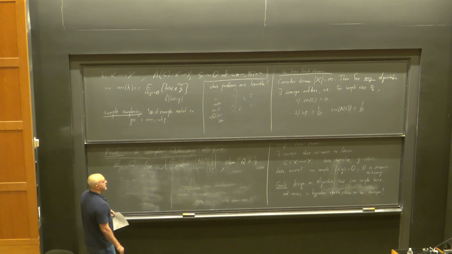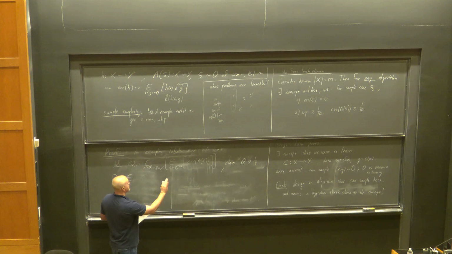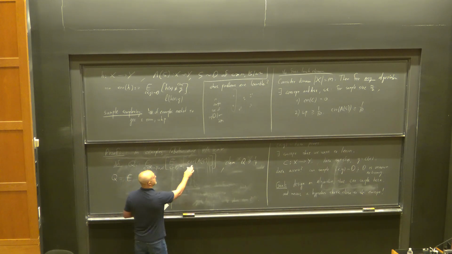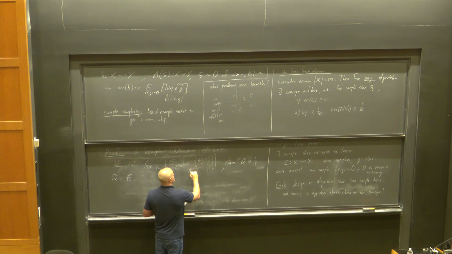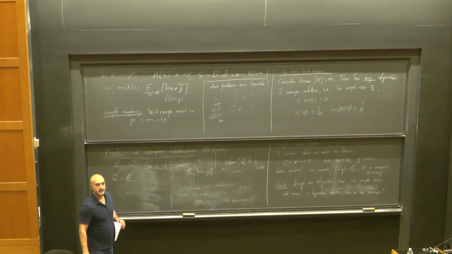And now let me just show that it's bigger than 1/4. So this Q, as I wrote it, is equal to expectation. I can flip the order of sample and concept, and I can condition on the sample being the exact example. So this error is the probability, or if you will, expectation over x from the sample, A of s of x not equal to y. That's by definition.